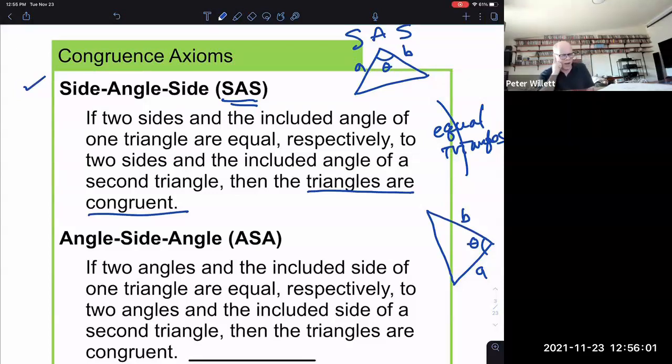So if two sides and the included angle between those two sides of one triangle are equal to those in another triangle, then the triangles themselves are completely equal to each other. Even if one's flipped over or oriented the other way, they're the same triangles. We call those congruent triangles.